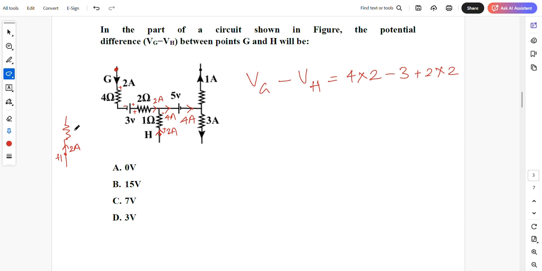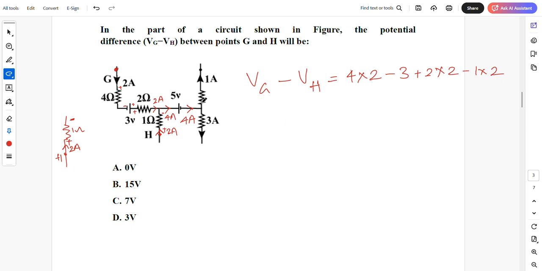This is how many ohm? 1 ohm. Therefore this will be plus, and the upper side will be minus. We are coming from G to H, so here it becomes minus. What is the drop here? What is the value of the current here? 2 into 1, that is 1 into 2, right?